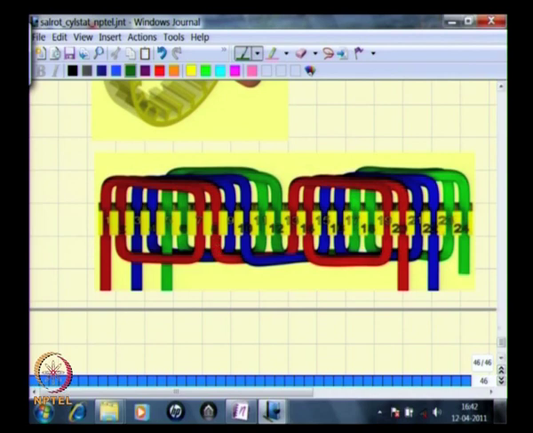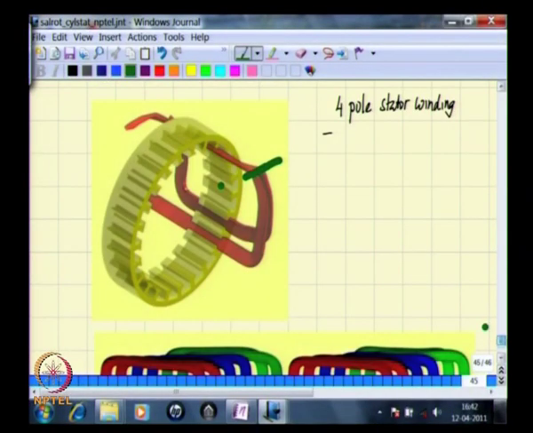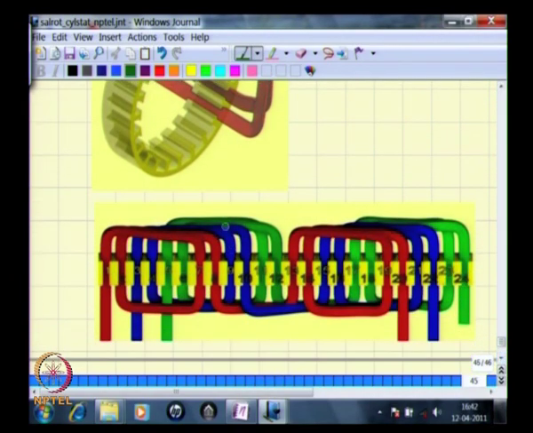So what we have shown in the earlier figure, in this figure, is the R phase shown only up to this point, beyond this is not shown.